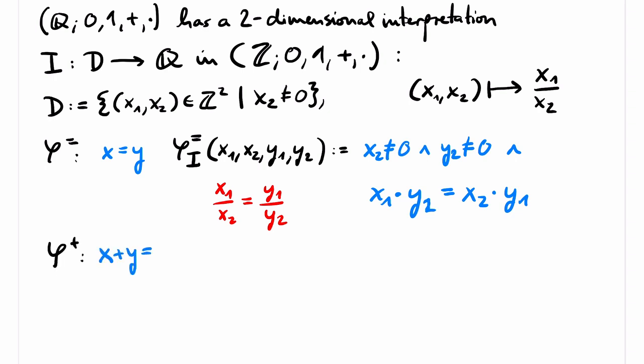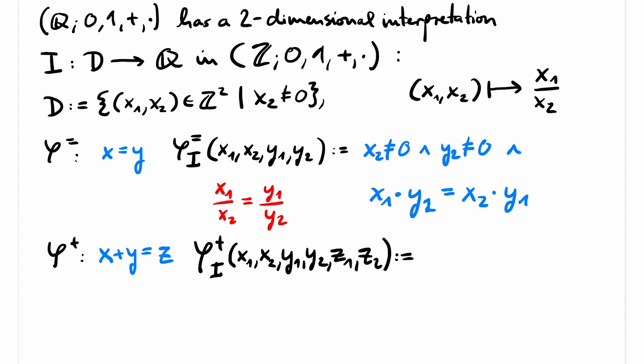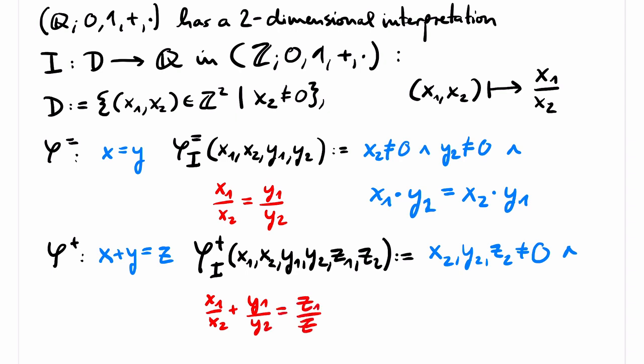Likewise, we can find an interpreting formula for addition. We can express the atomic formula x plus y equals z by a formula with 6 free variables over the integers, by, again, first excluding 0 as a denominator, and then multiplying both sides of the equation that we would like to express by the product of the denominators, and obtain an expression over the integers using only multiplication and addition.